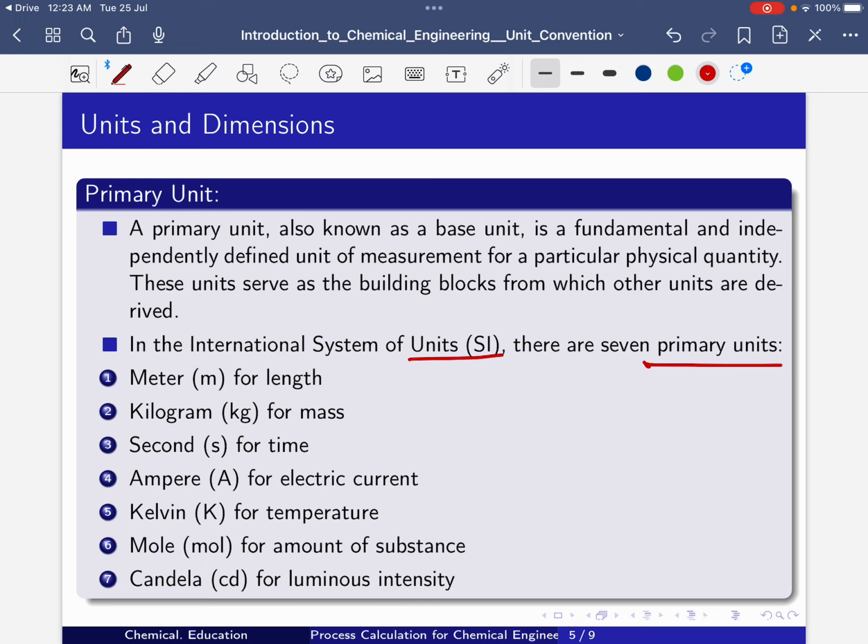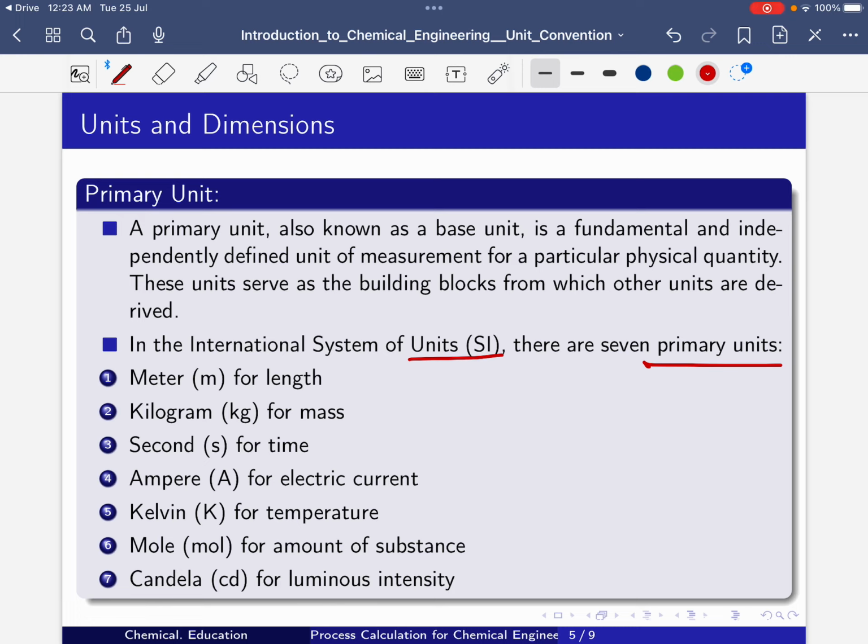Similarly, the unit of mass is kilogram. If we know how much 1 kilogram is, we can quantify 100 kilogram, which means 100 times of 1 kg.